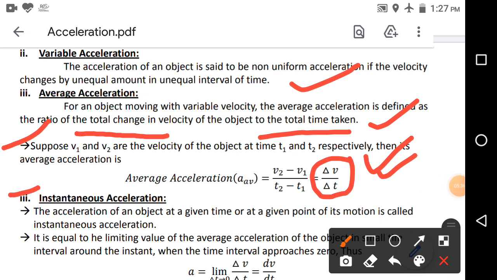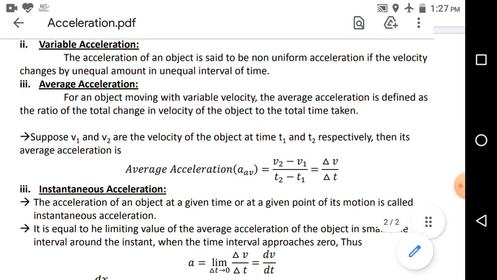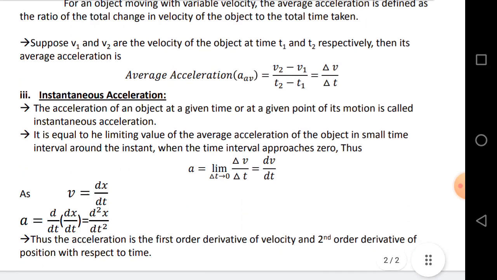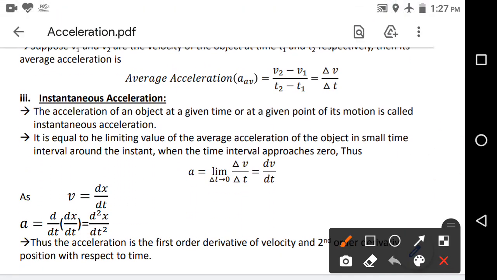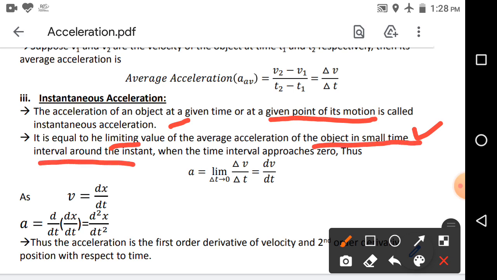Then instantaneous acceleration. The acceleration of an object at a given time or at a given point on its motion is called the instantaneous acceleration. It is equal to the limiting value of the average acceleration of the object in a small time interval around the instant t when the time interval approaches 0.